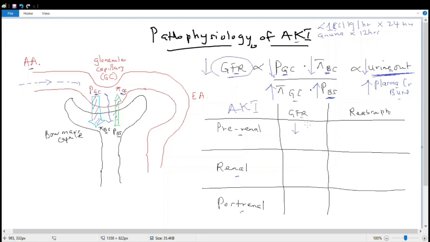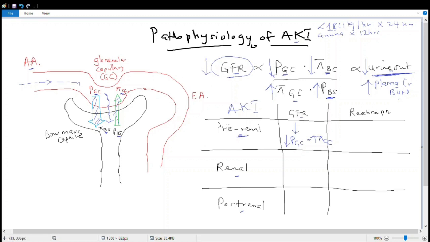The reason GFR is decreased in prerenal is going to be primarily anything that is decreasing PGC or increasing oncotic pressure in the glomerular capillary. So anything that is decreasing hydrostatic pressure in the glomerular capillary or increasing oncotic pressure in the glomerular capillary is going to decrease GFR, and that will be the mechanism of prerenal AKI. So what will decrease the hydrostatic pressure in the glomerular capillary is going to be anything that is decreasing blood flow.